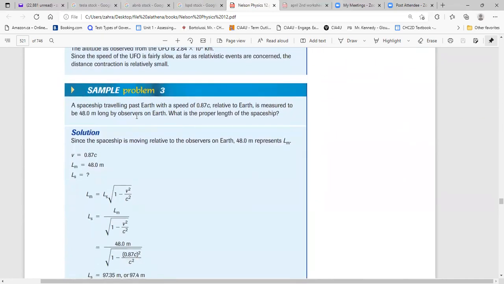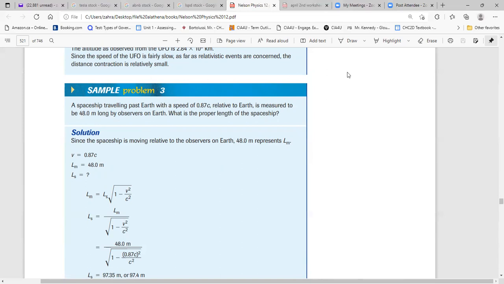A spacecraft traveled past Earth with a speed of 0.87c, so it's v, and the length of the spacecraft traveling past the Earth is measured to be 48 meters long by an observer on Earth. So basically, this is the length that is contracted, because you see that the spacecraft has a 48 meter length.